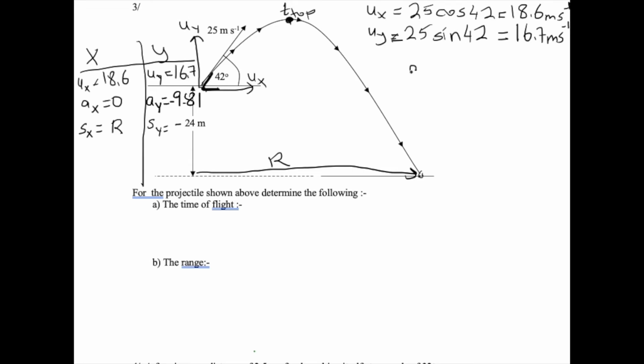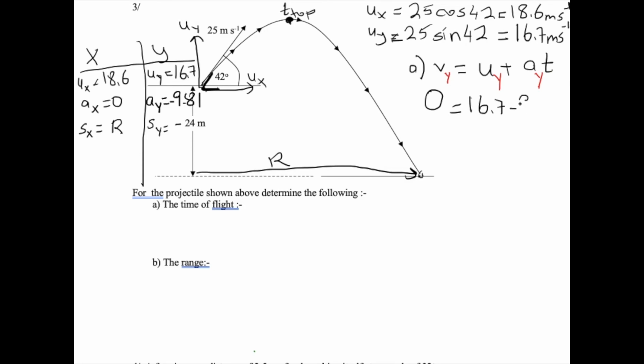So to solve part A here, first of all, I'm going to find the time to reach the top. At the top, I know if I use V equals U plus AT for the y component, I know that at the top, this is a 0. Initially, that is upward 16.7.